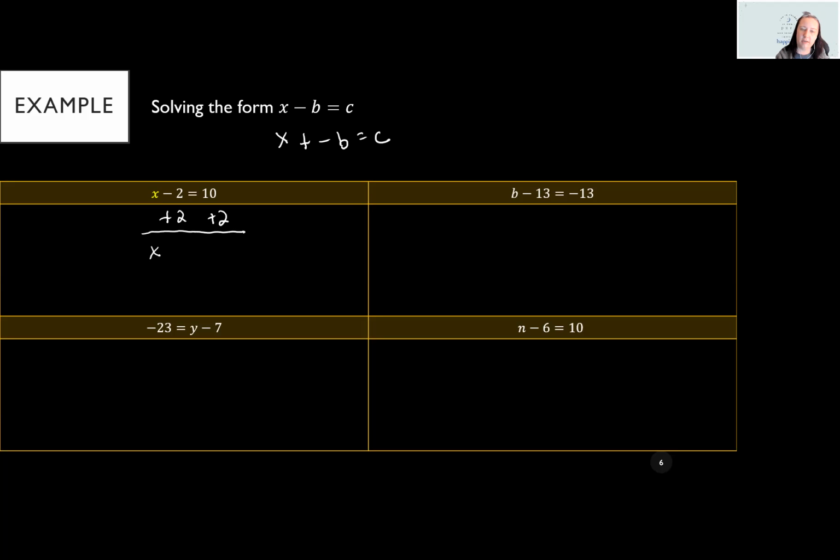And then when you read this, you read that minus 2 as a negative. So you read that as a negative 2 plus 2, which cancels out and gets you 0. And then that equals 12 on the right because we have 10 plus 2. So our solution set is 12.